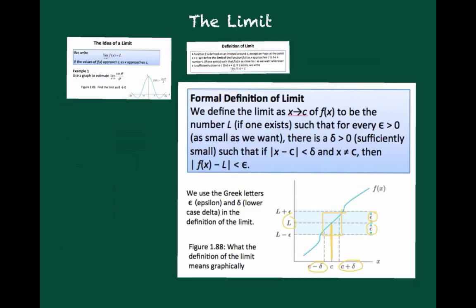In other words, can we get inside this 2 epsilon range by making delta smaller and smaller? You can see why I don't want you to memorize this. Really just focus on this idea that a limit is where we expect to find the function as x is approaching c. Okay, let's move on to some other parts of the limit.